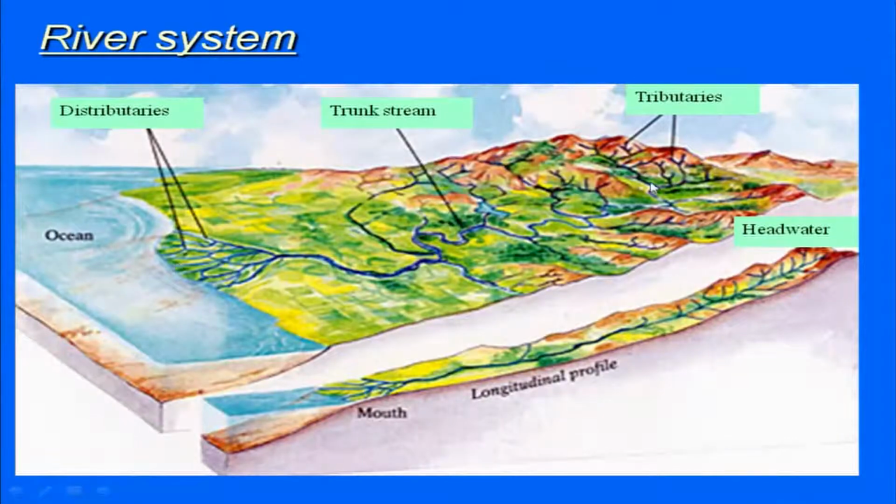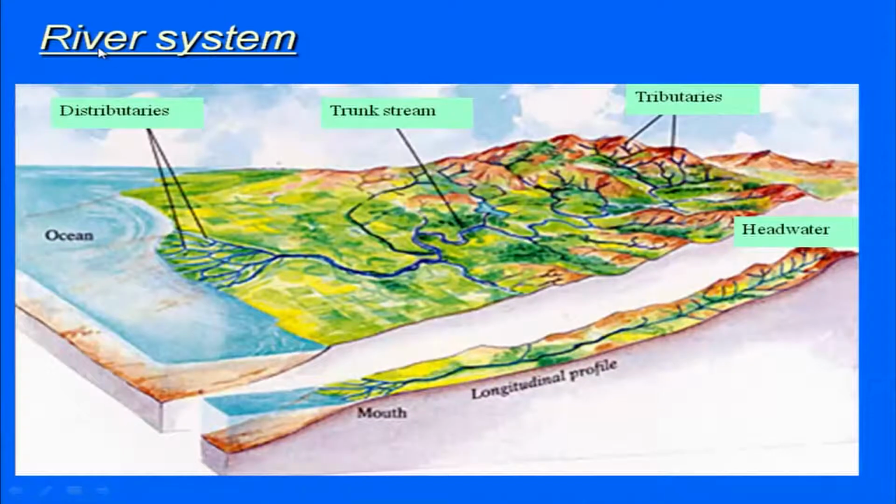So throughout the journey, right from the headwaters or the uplands in the upper reaches, to where it goes and meets the mouth, we have different landforms which we will come across. So right from the headwater to mouth, the landforms vary from place to place.